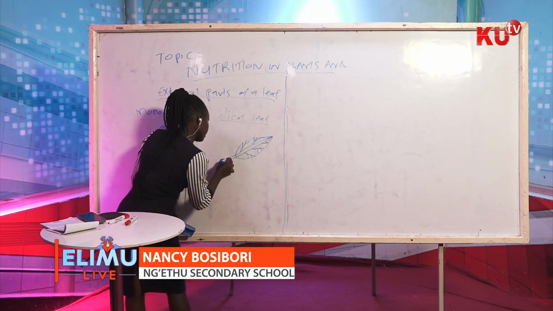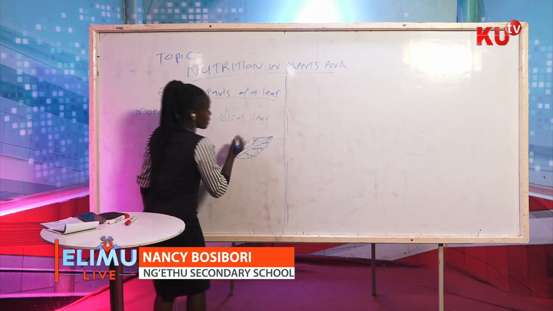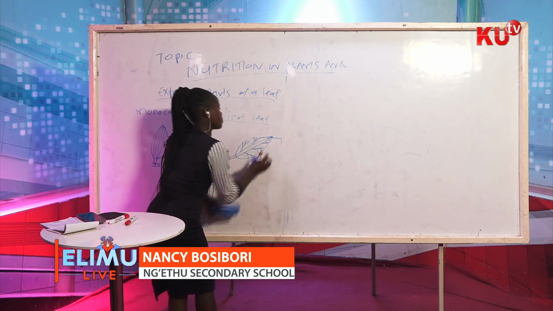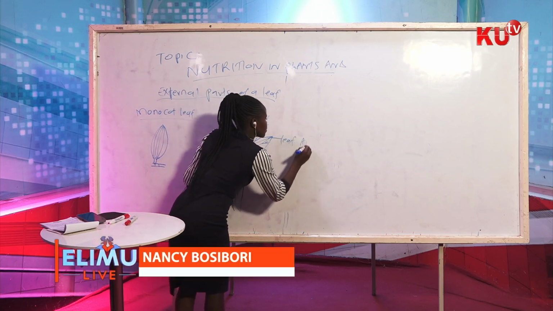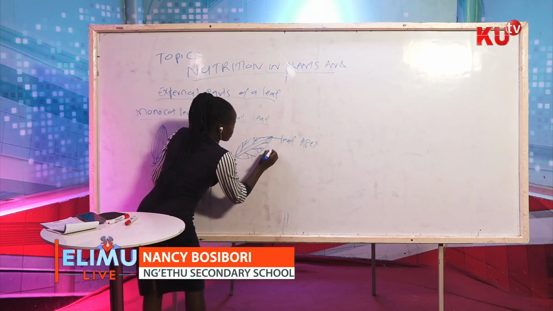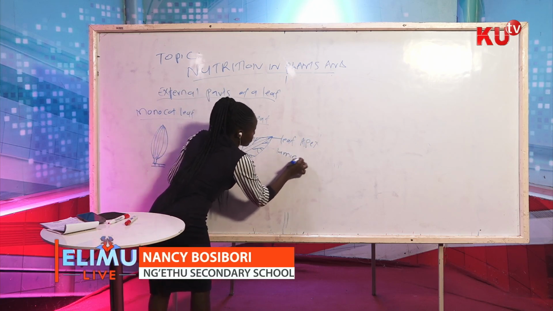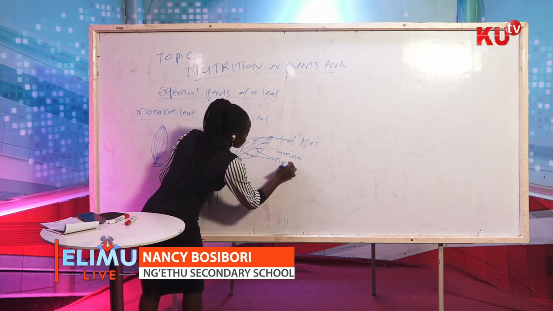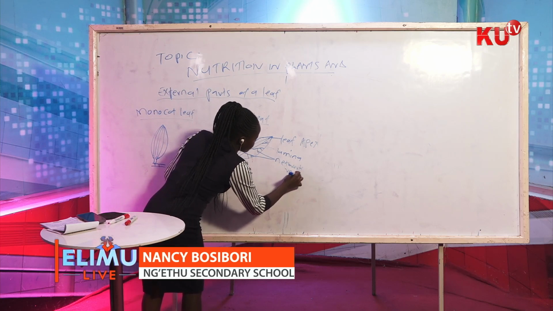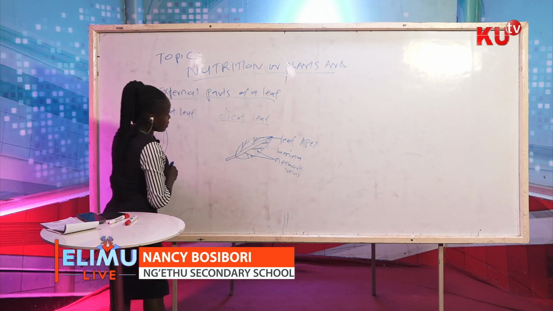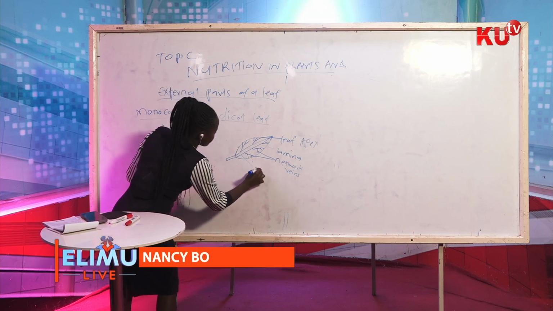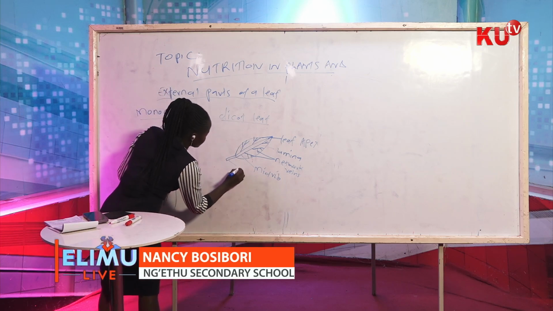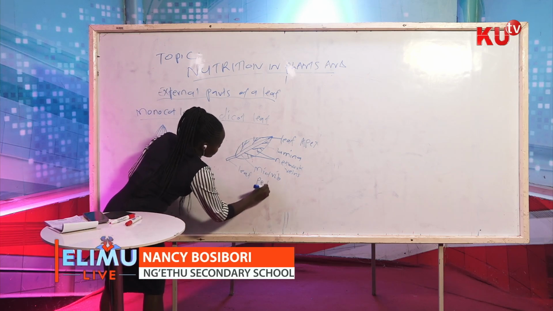So this is the leaf apex. This is the lamina. This is the network veins. This is the midrib. And the last one, this is the leaf petiole.